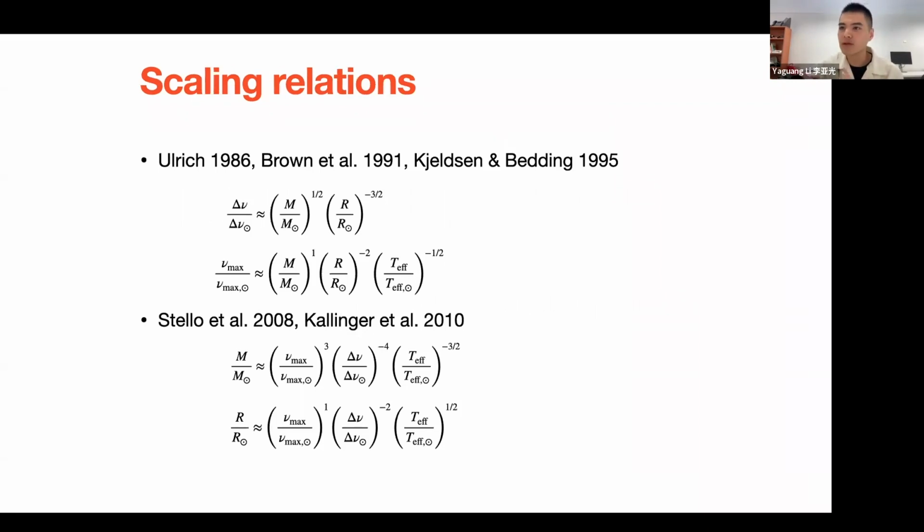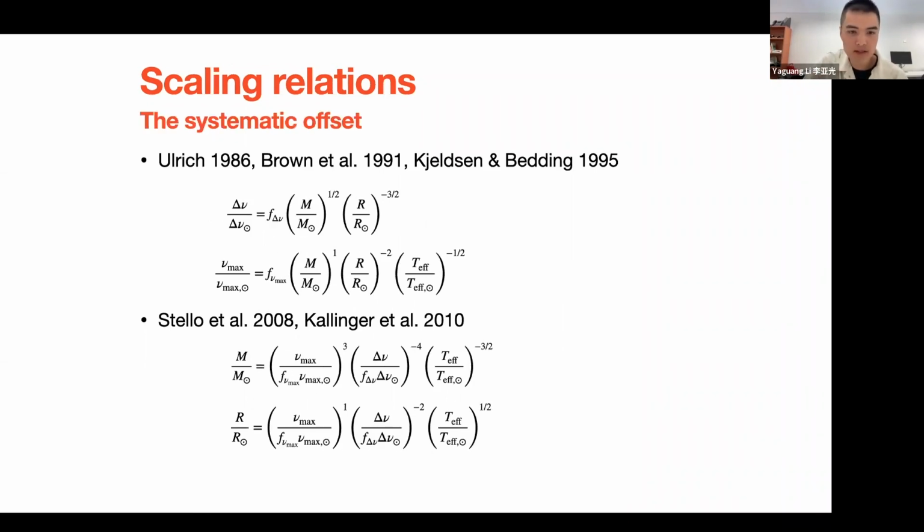I want to move to a slightly different aspect. Other than the intrinsic scatter in these scaling relations, we can also study the systematic offset of these scaling relations. Now you can see I have changed the formatting of the delta nu and nu max scaling relations by plugging in a correction factor, F delta nu and F nu max.